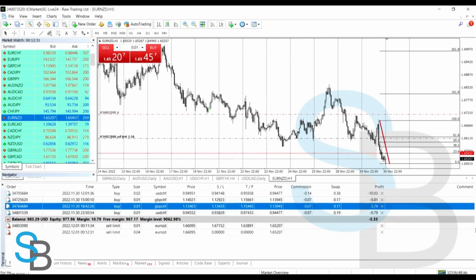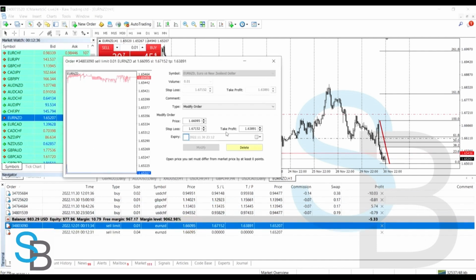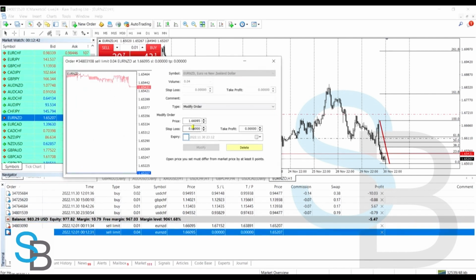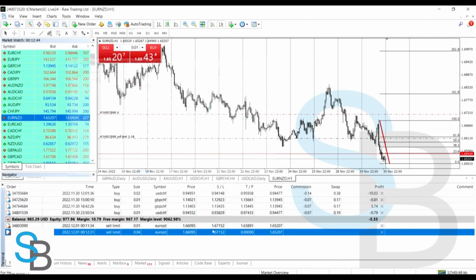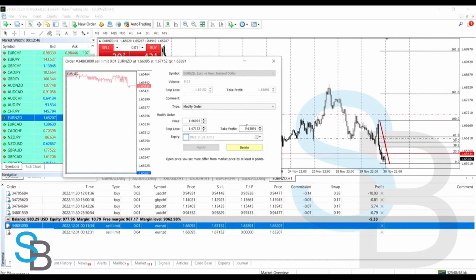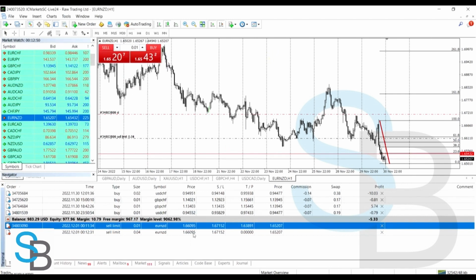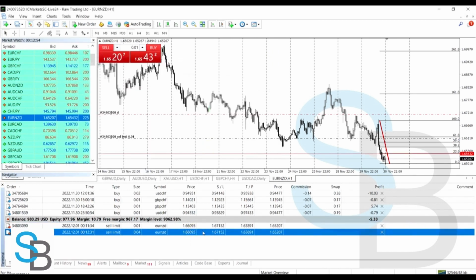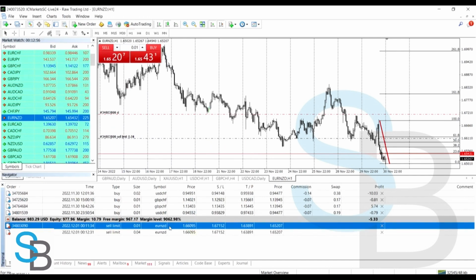I'll just place it since I can actually modify them from here. So for stop loss, I'll copy the stop loss, paste it here and modify, and then take profit, copy this one, paste it here, modify, and then finally for this one, I'm just going to delete the order.